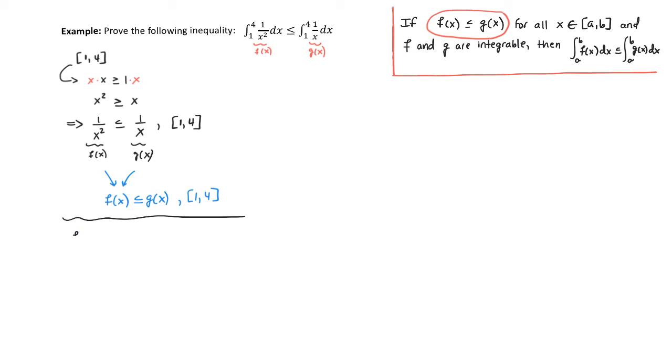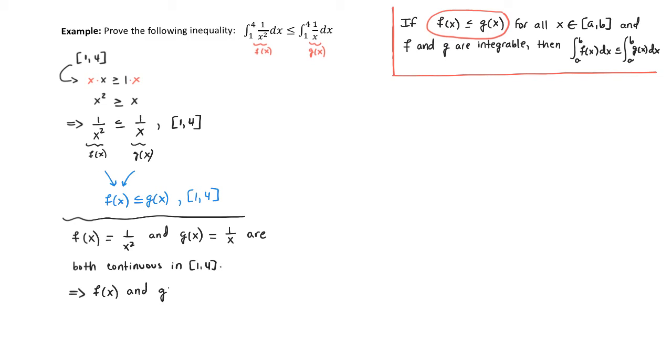I know that f of x, which is equal to 1 over x squared, and g of x, which is equal to 1 over x, are both continuous in the closed interval 1 to 4. So that implies, if these functions are continuous, that f of x and g of x are integrable in the closed interval 1, 4.